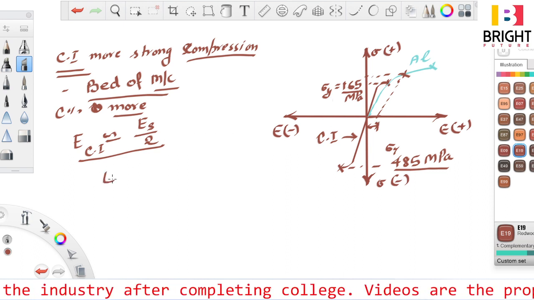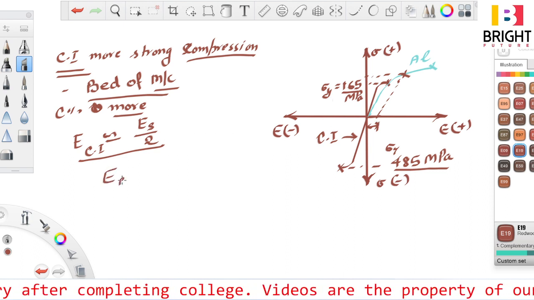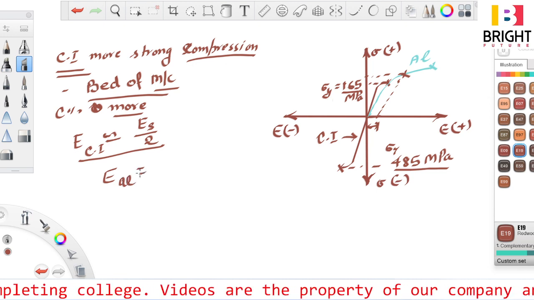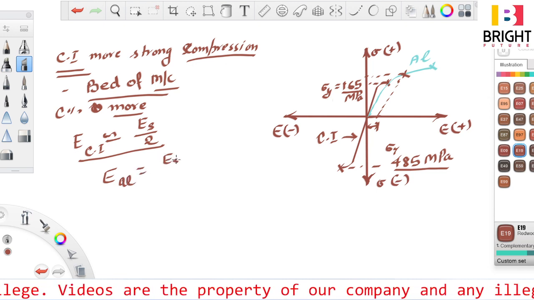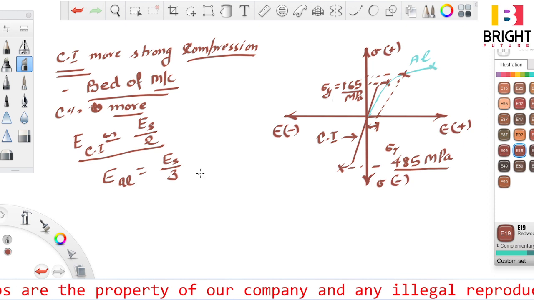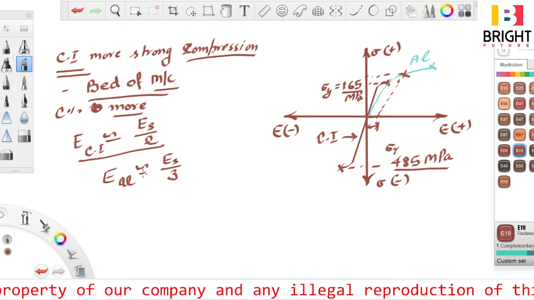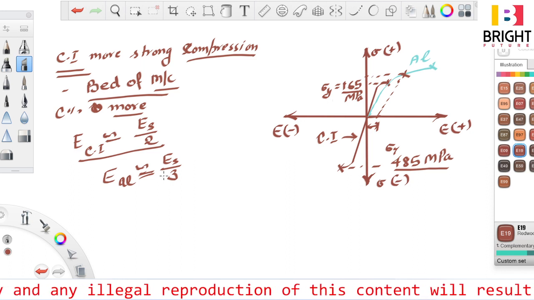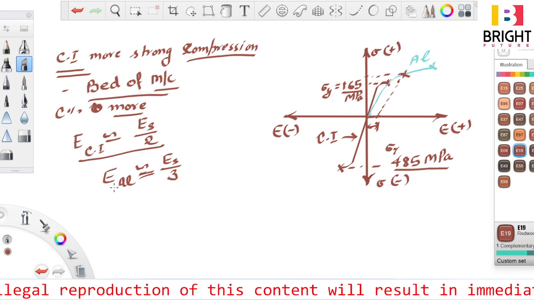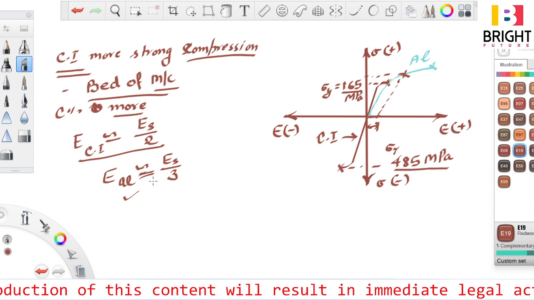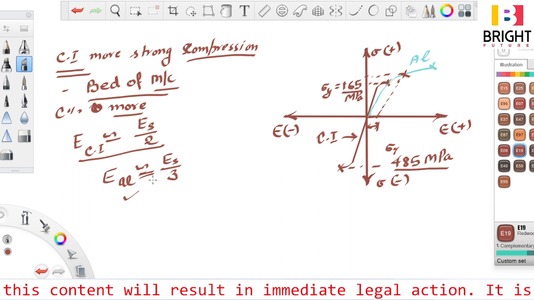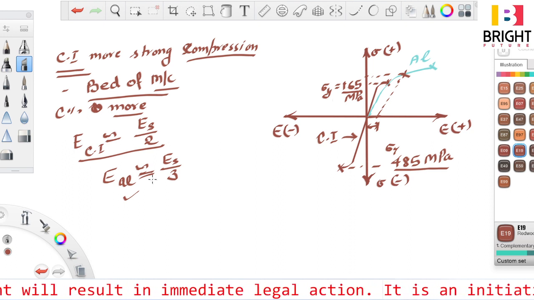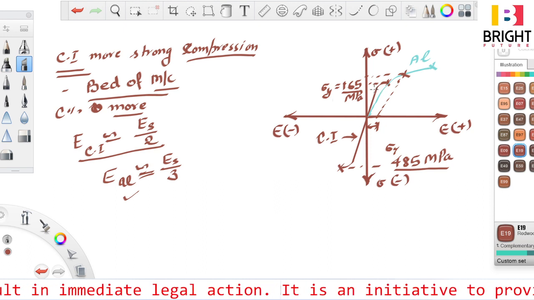To remember aluminium's E, you can remember that it will be 1/3 of the steel. So these are the thumb rules, approximately equal, not exactly equal. Now note that the higher the value of E, that is Young's modulus, the more elastic is the material. So the line of proportional limit is more near the y-axis.